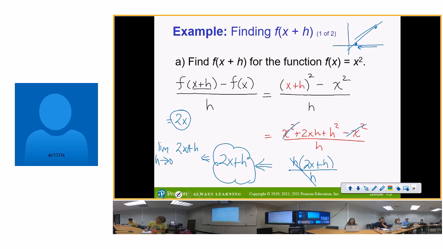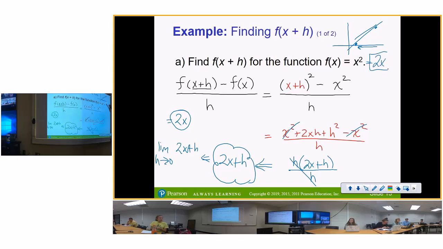Now we're going to learn that in calculus. That's the whole unit, the first unit, besides review of algebra, is on this right here. What is the derivative of x squared? 2x. So they show you how to get the derivative before they show you how to do the derivative. They show you how to get it by hand.